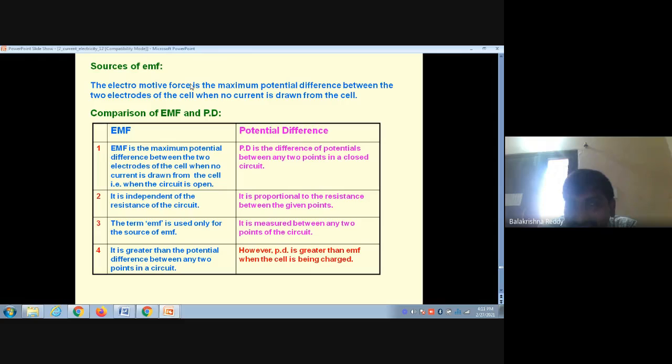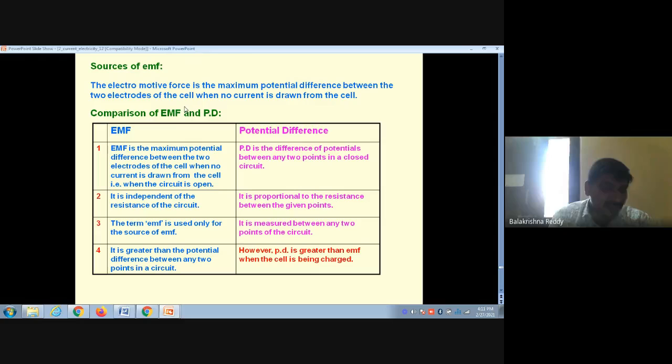That's why they mention the condition in the definition: that no current is drawn from the cell. If you are not drawing current from the cell, the potential inside remains the same, the maximum. So that is why it is called electromotive force, EMF.